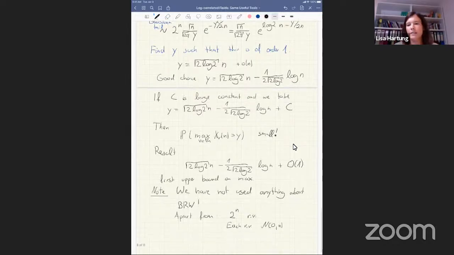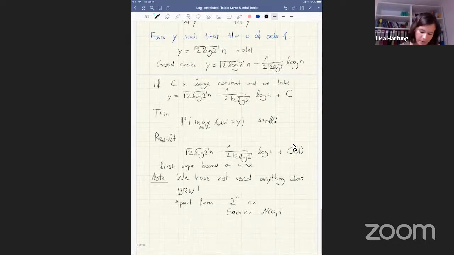We could have done exactly the same computation with 2 to the n IID variables with the matching variance.